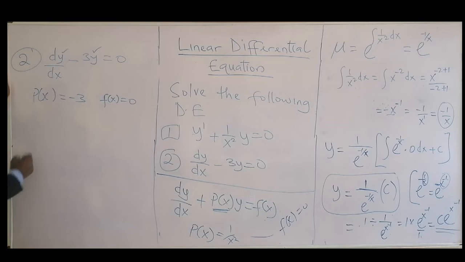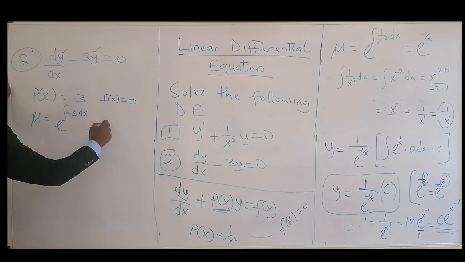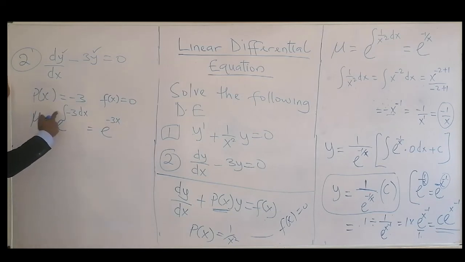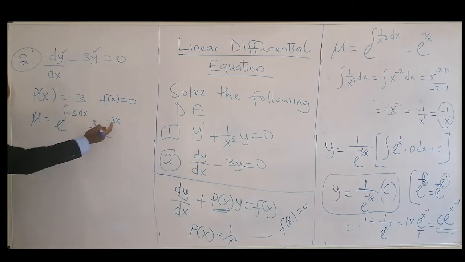So the integral factor will be equal to e to the integral of minus 3 dx. My p of x is minus 3, so this will be equal to e^(-3x), because minus 3 is just a constant and you're only integrating dx, which is x.